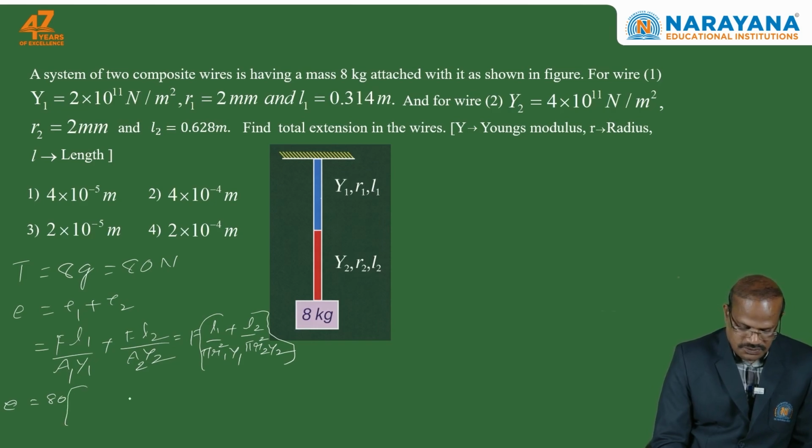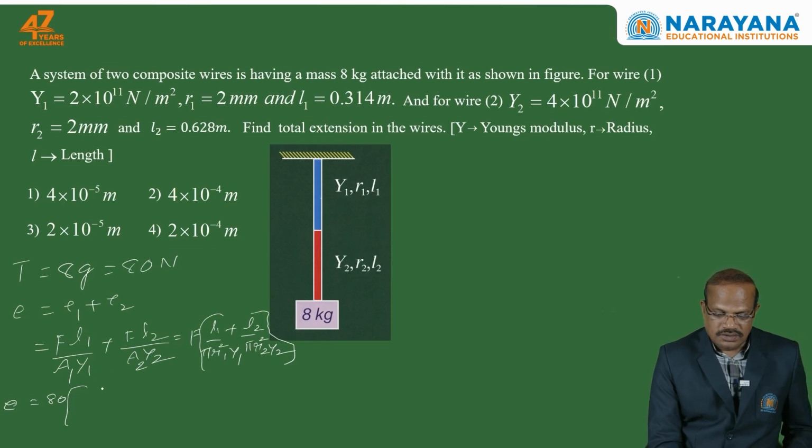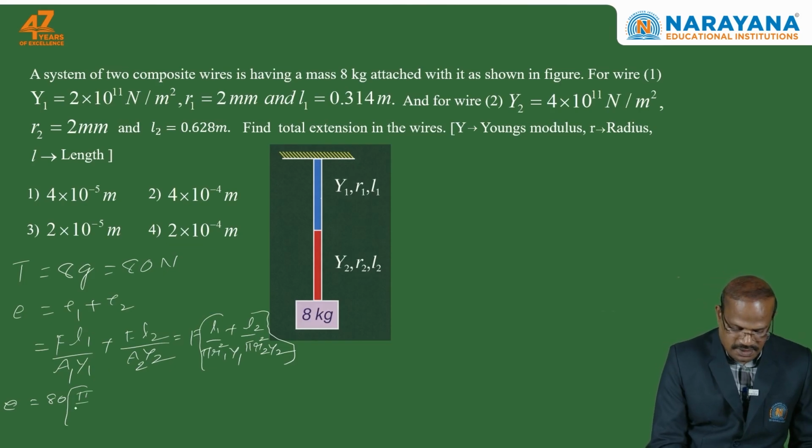Let us substitute this. L1 is 0.314 meter, which is pi by 10, into 1 by area, pi R1 square.